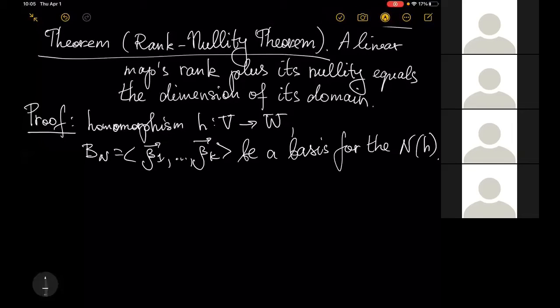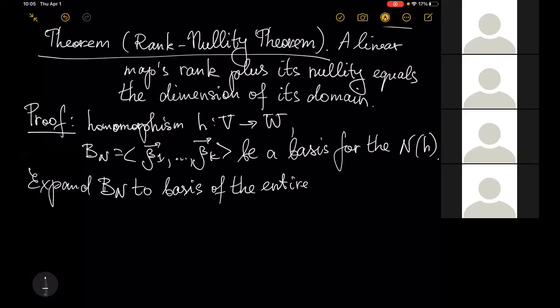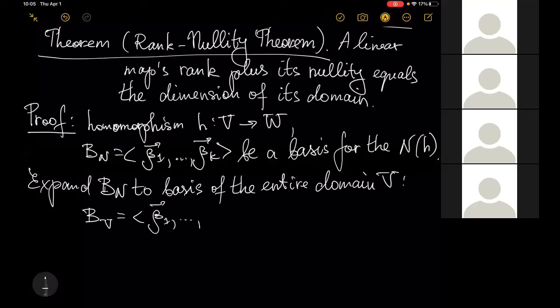Okay, let us expand the basis for the null space to a basis of the entire domain V. So in other words, we have this basis, which consists of the basis of the null space plus some more vectors.